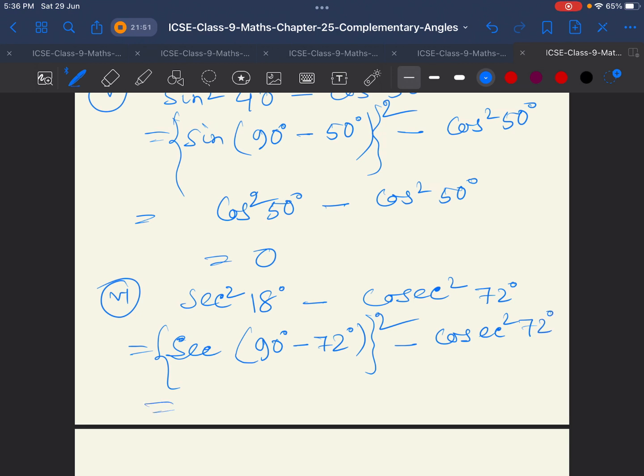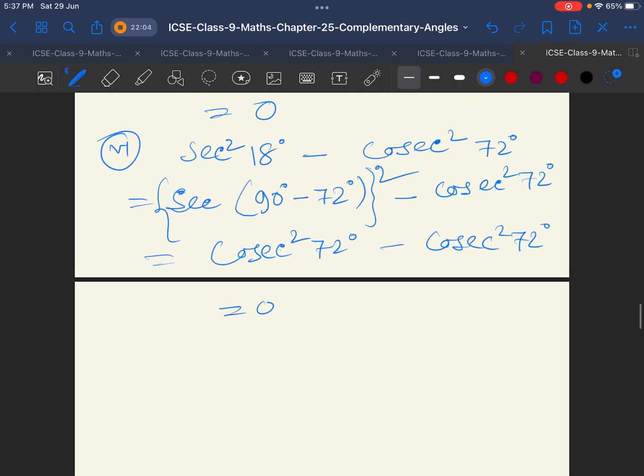You know sec (90 minus 72) degree means cosec, so this is cosec square 72 degree minus cosec square 72 degree equals 0.